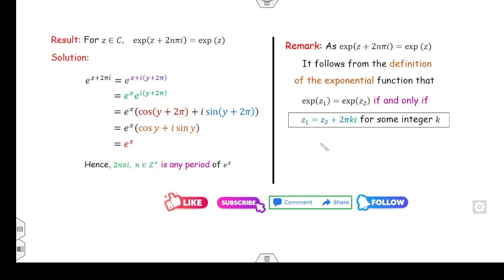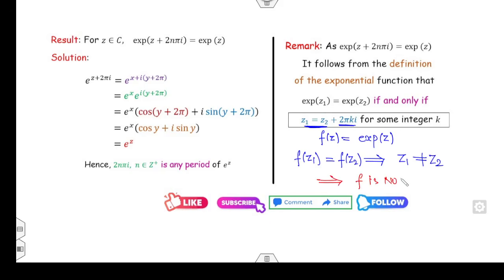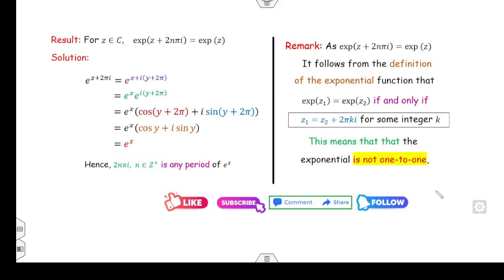If I choose f(z) is exponential of z, then f(z1) is equal to f(z2), which does not imply z1 equals z2. Why? Because they are not equal, they differ by the addition of 2kπ. What does it mean? F is not 1-1. That means the exponential function of z is not 1-1.